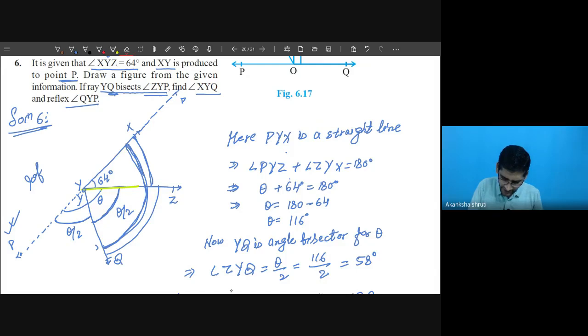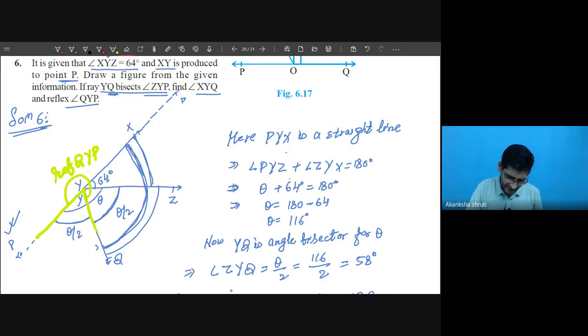So we must locate that QYP first. So it is Q to Y to P. So this is angle theta by 2. So the reflex value will be this much. This is the reflex of angle QYP. This we need to calculate.